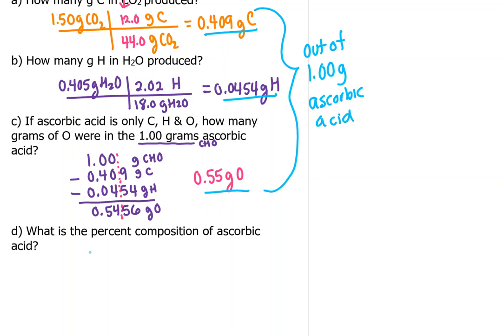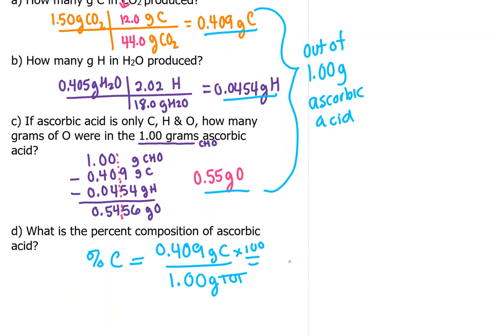So if I wanted the percent carbon, I would take the mass of the carbon divided by the total compound and times 100.